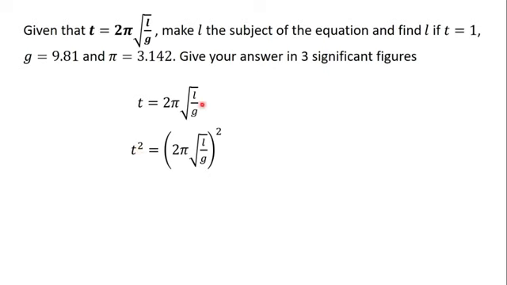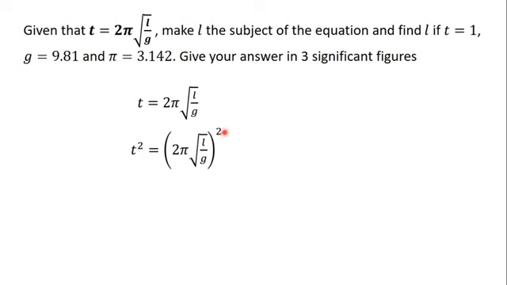Then we put everything on the right hand side in a bracket because there is more than one term. You see, here, because it was only one, we didn't need a bracket to square it. But here, because there is more than one, we have to put everything in a bracket, then we square it. I hope that is clear. So we go ahead with the squaring.